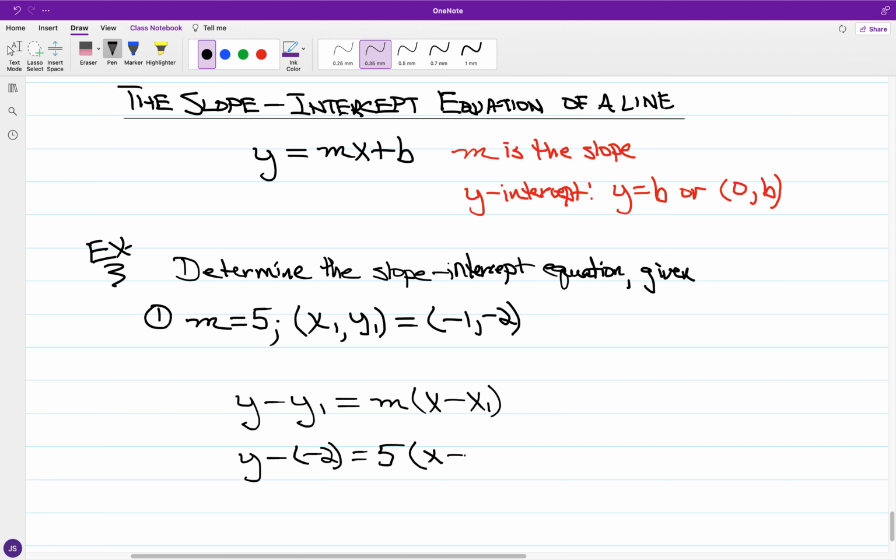And we have times the quantity x minus x1, where x1 is -1. Undoing the double negatives, you have y plus 2 is equal to 5 times the quantity x plus 1. Let me pause right here. With the y expression on one side and the x expression on the other, at this stage this is the point-slope equation.